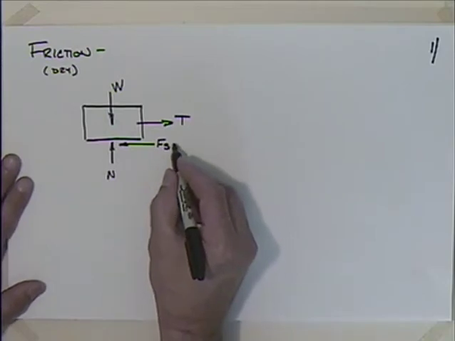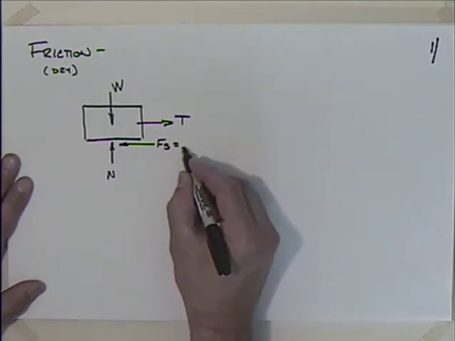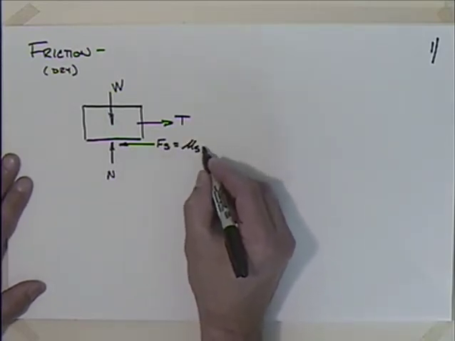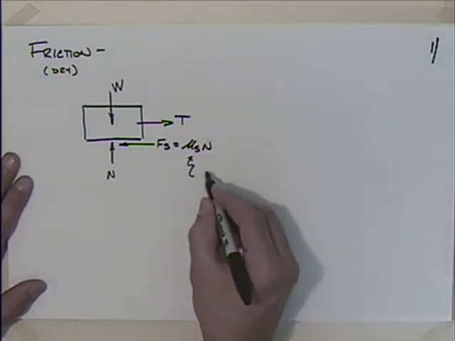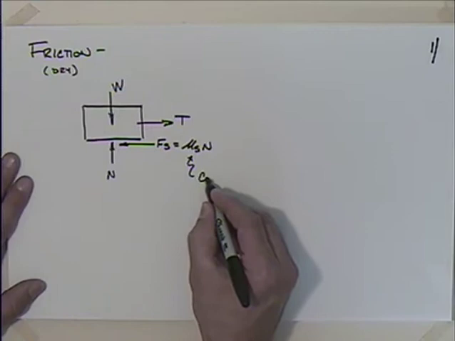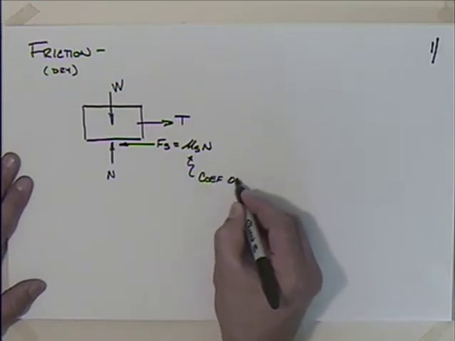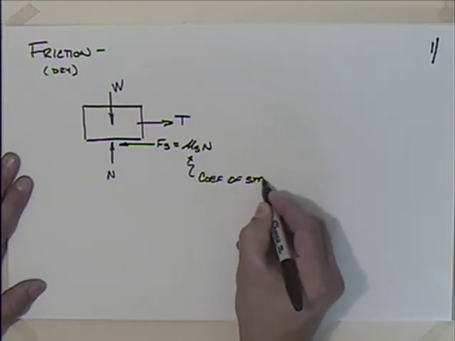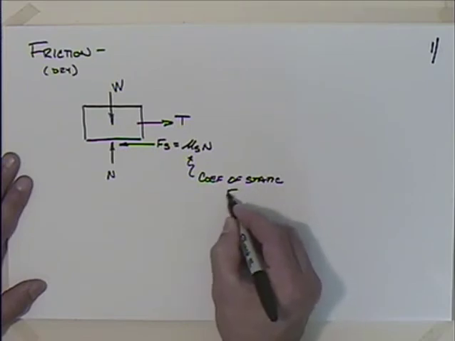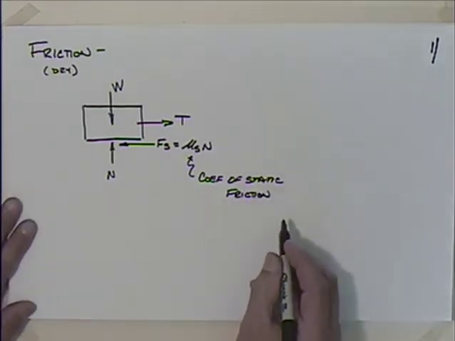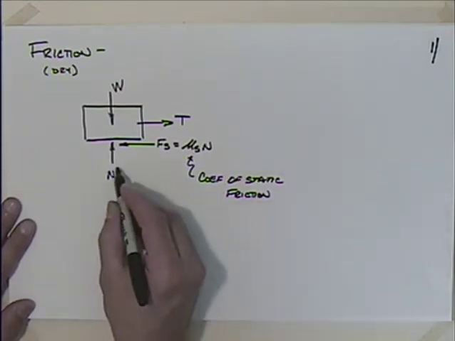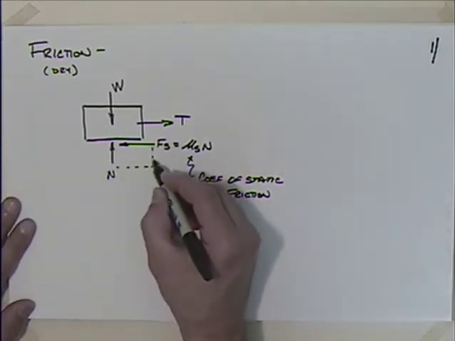And that is our friction force, we're going to say, is equal to mu sub S times the normal force N, where this is our coefficient of static friction. And we could actually look at resolving these forces if we wanted to.